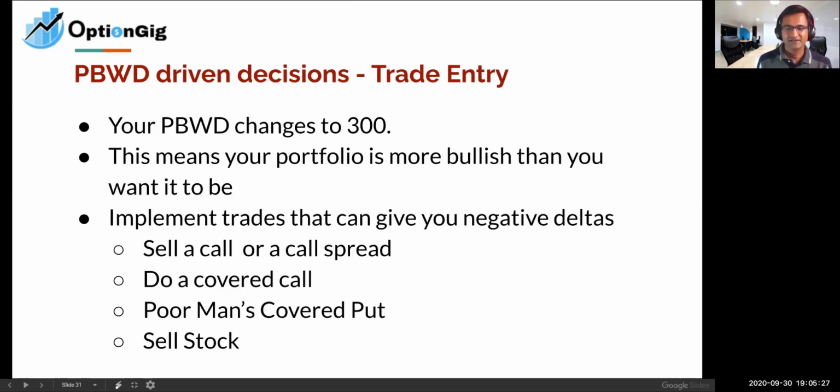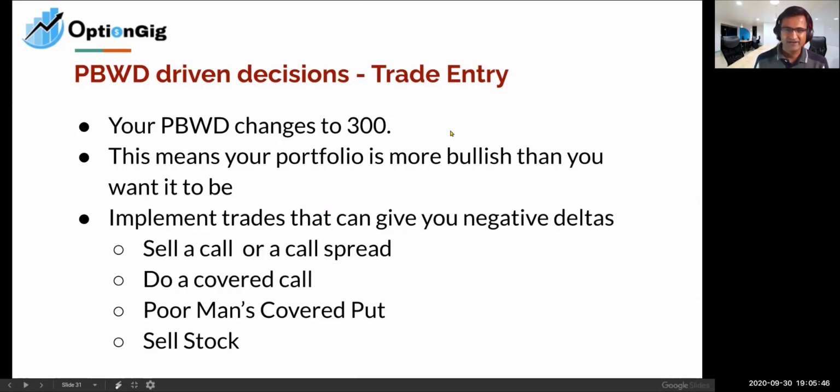If the market goes high, I might lose on SPY because I sold it short, but my overall portfolio was at 300, so that will gain. My focus is on making sure my overall portfolio is at a level at which I'm comfortable with.